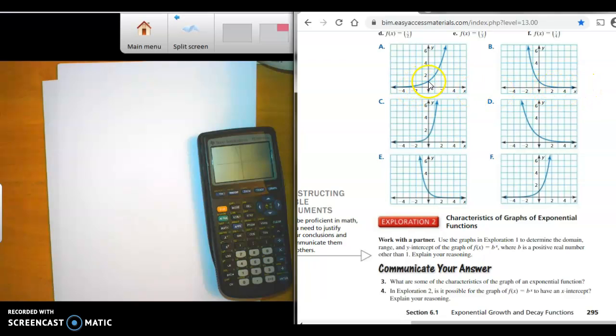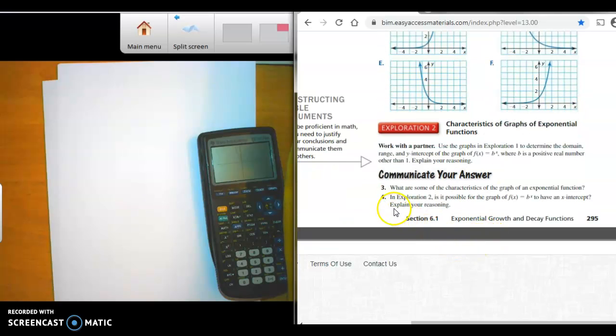So the x-axis would be the asymptote. There is no restriction on the domain. So the domain is all real numbers.